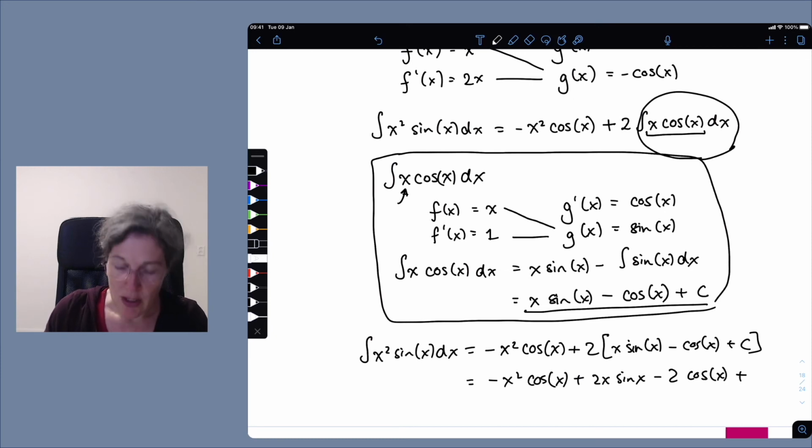And we would have plus 2c, and I'm just going to define a new constant called d, which is equal to 2c, because we know that d can take any possible value. Okay, so there we go. So that was pretty hasty integration by parts. Give it some practice.